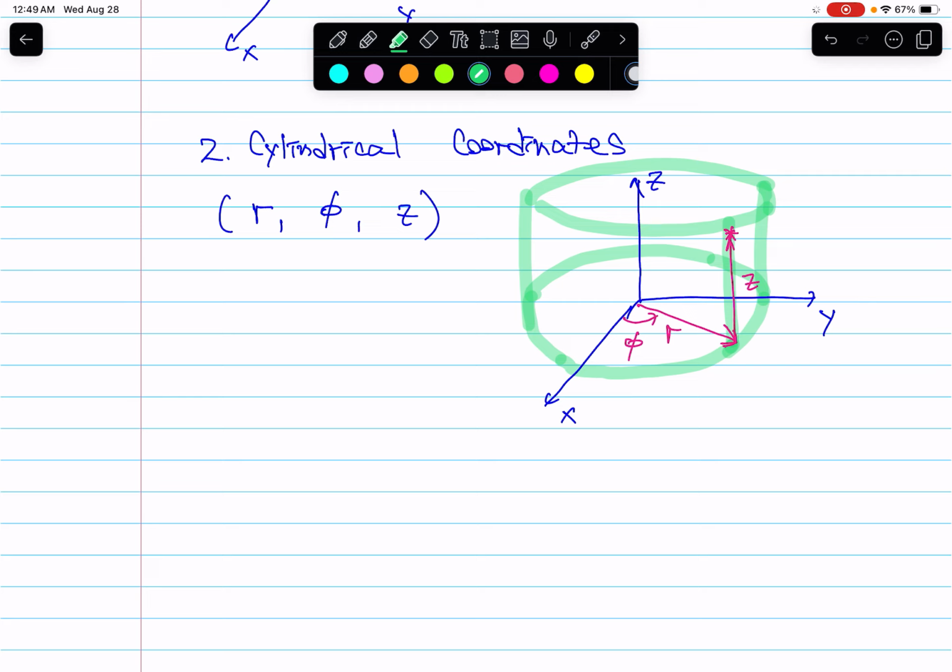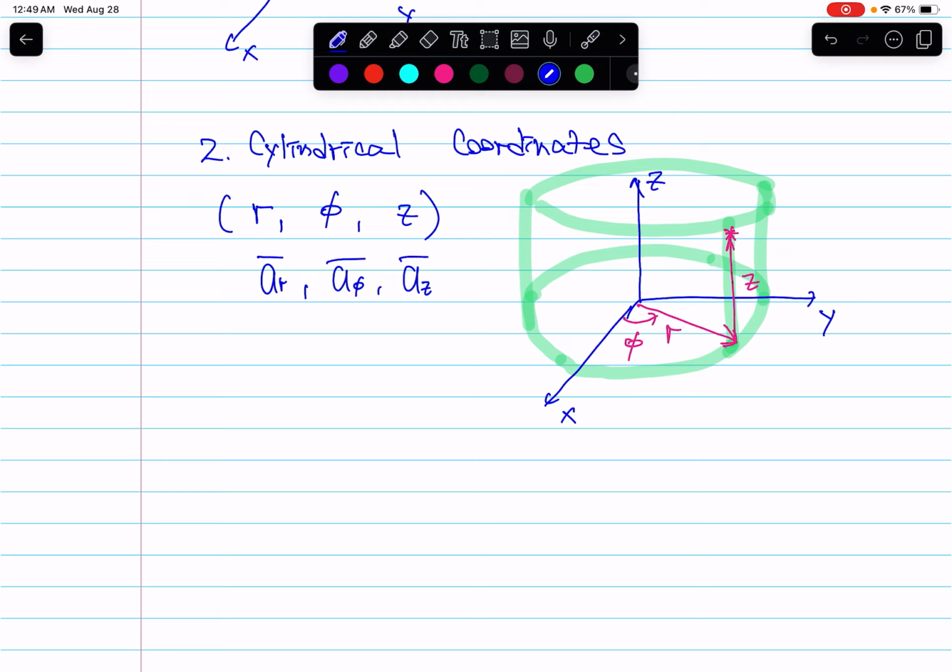Okay, so because this is also an orthogonal coordinate system, although it's not Cartesian, cylindrical coordinates are also orthogonal. So the base vectors are AR, A pi, and AZ. Okay, these are the three base vectors.